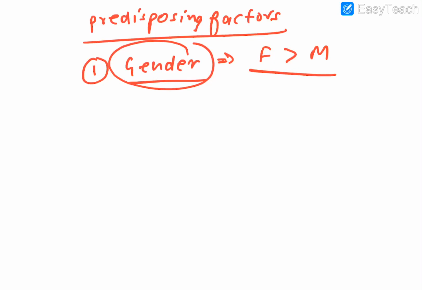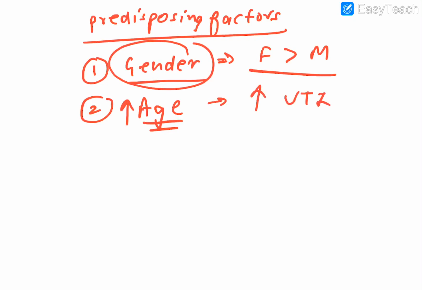Then the second important thing is age, which determines UTI. As the age advances, the UTI episodes increase. If the age is increasing, UTI is bound to happen more in both males and females. What is the meaning of this? In males, what happens? BPH, benign prostatic hypertrophy.